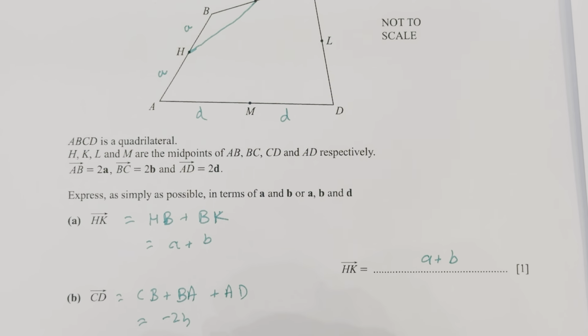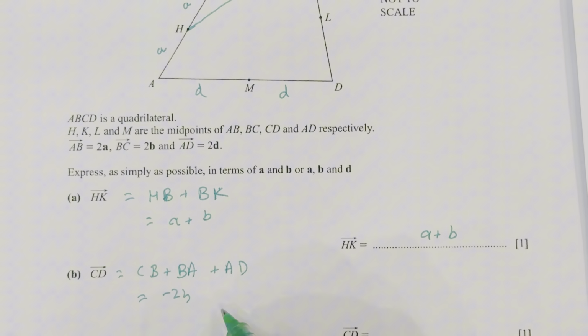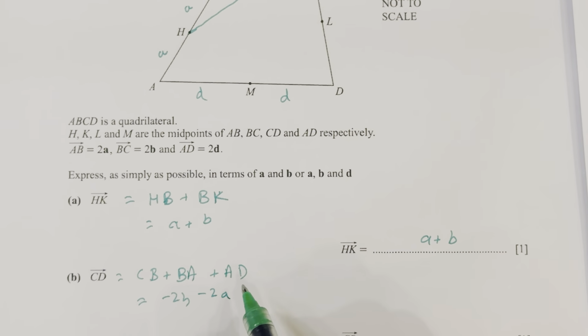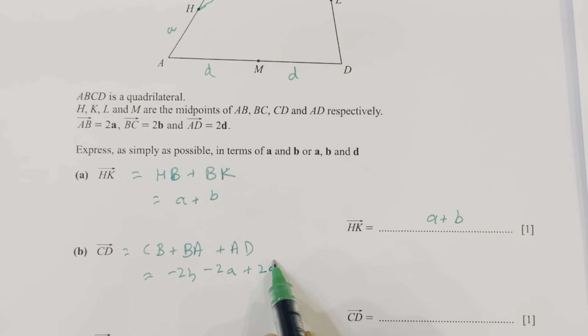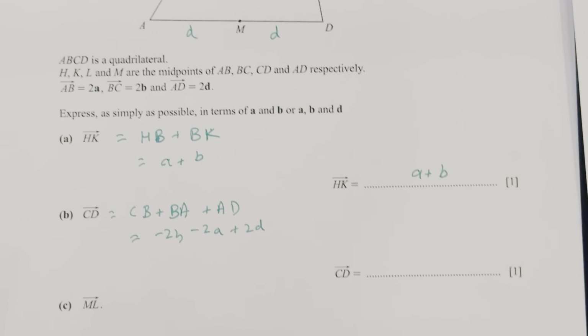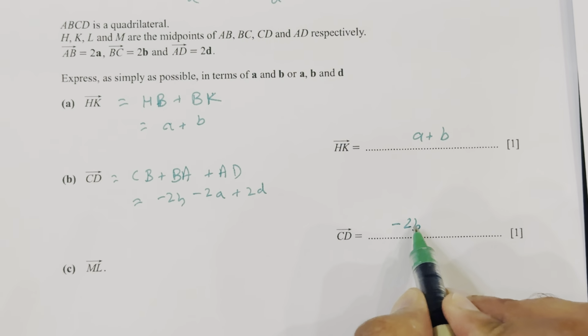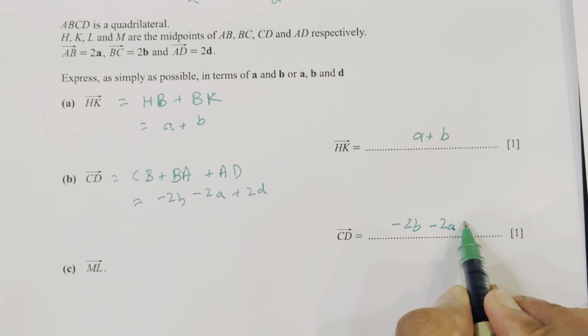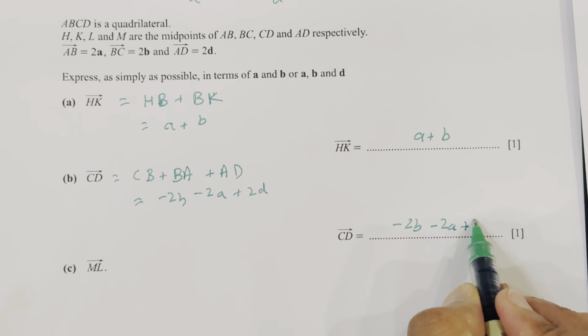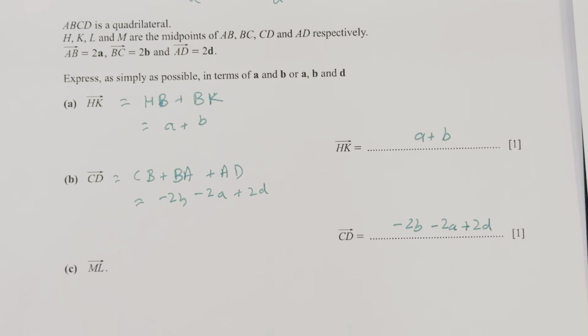And the value of BA is minus 2A, and the value of AD is plus 2D. So this would be our answer, minus 2B minus 2A and plus 2D, or you can write plus 2D first.